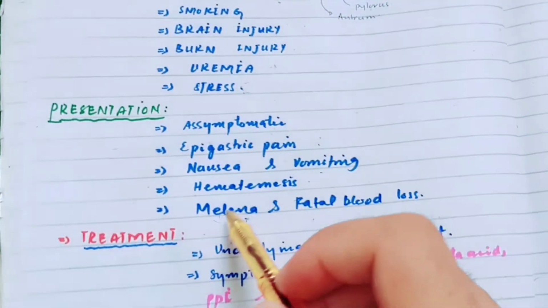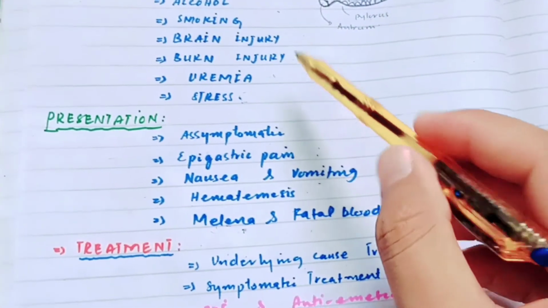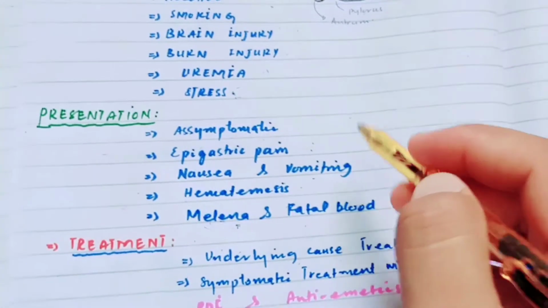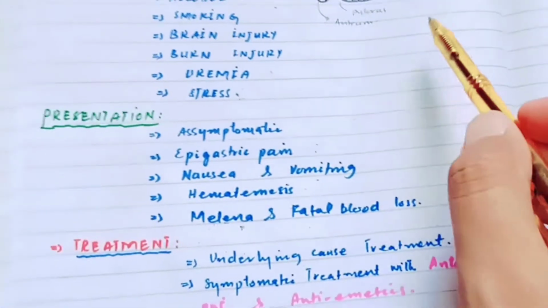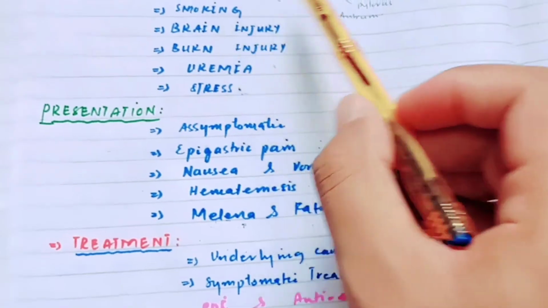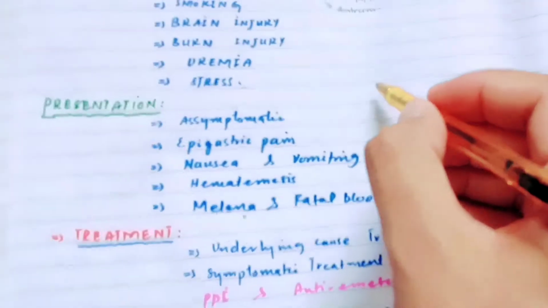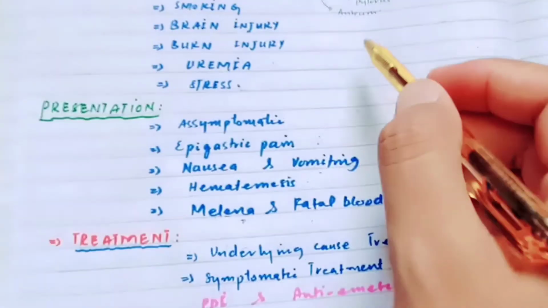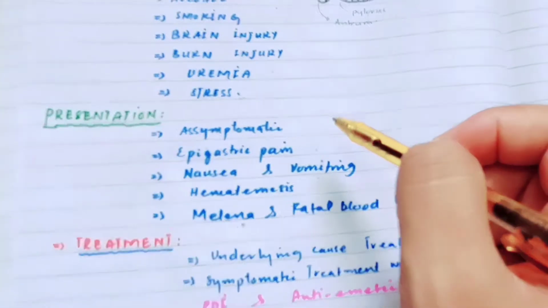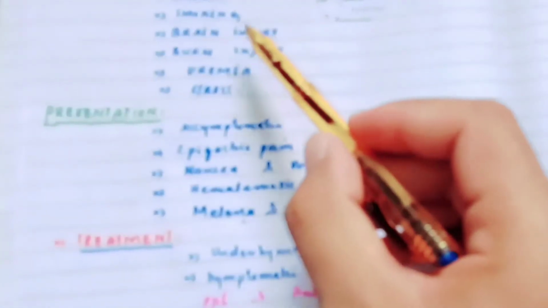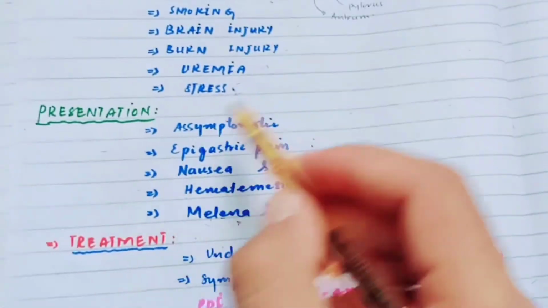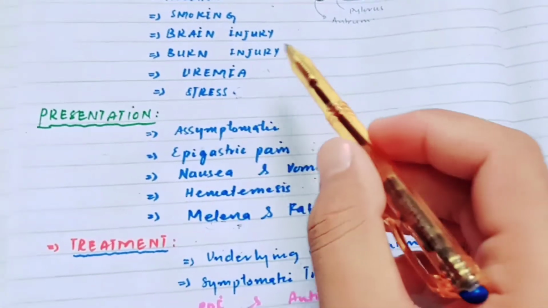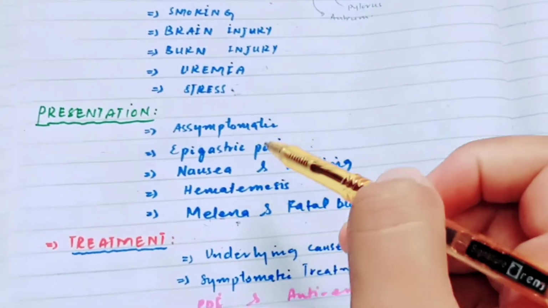Now the treatment is by treating the underlying cause. For example, if you have gastritis and you are a chronic user of NSAIDs, then stop taking NSAIDs, and the gastritis will be relieved. And if you are taking alcohol or you are a chronic smoker, then stop alcohol and smoking.